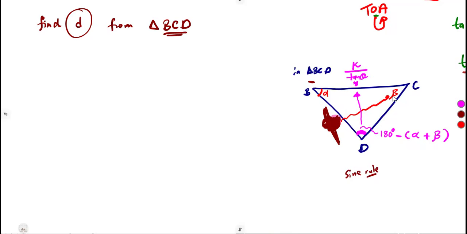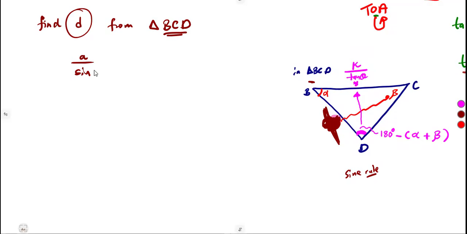In a non-right angle triangle where you have an angle which corresponds to the unknown side, and there is an angle which corresponds to the known side, the sine rule can be used.